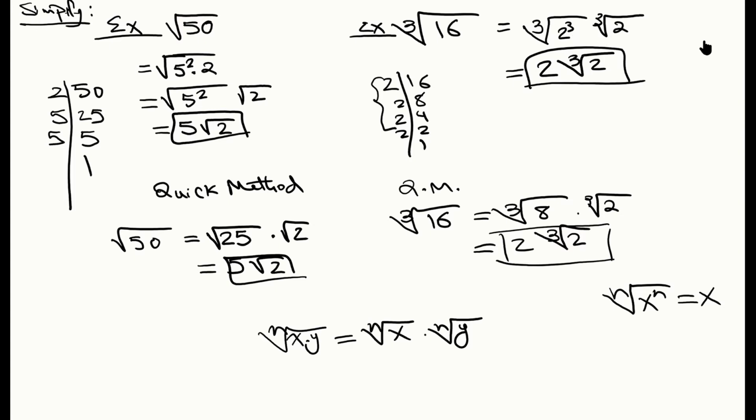Now, the way we do it is in the first radical, we put the perfect powers, such as here it'll be the perfect cubes, and in the other one we'll put the non-perfect cubes. Back in the previous problem, in the first radical we put the perfect squares, and in the second radical we put the non-perfect square factors of the original number. And in this way we can simplify these radical expressions very nicely.